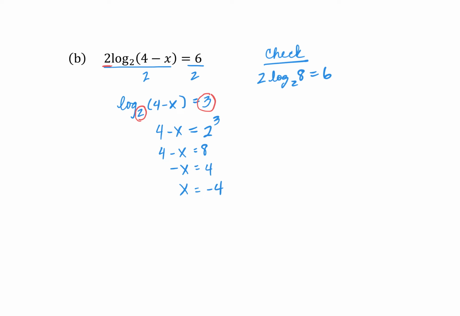And in fact, this actually is the solution. If you go a little bit further by dividing by 2 on both sides, and then switch it to its exponential form, you'll get 8 is equal to 2 to the third, which is 8 equal to 8. Checks out. X equal to negative 4 is a good solution.